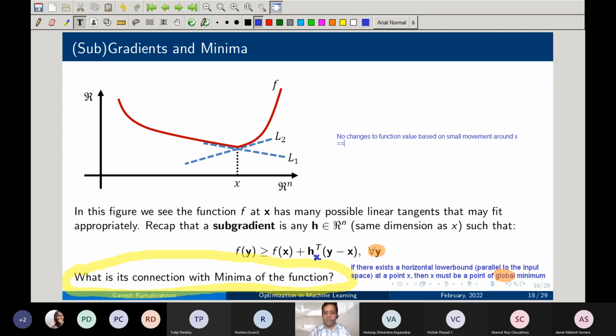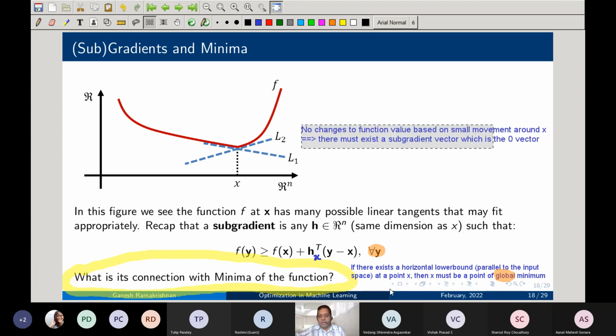Can I say that this would amount to a zero subgradient? Or when I say subgradient vector, which is zero, the zero vector. I'm also alluding to the discussion below. This horizontal lower bound parallel to the input space is in the function space. So note that this is all in the function space.